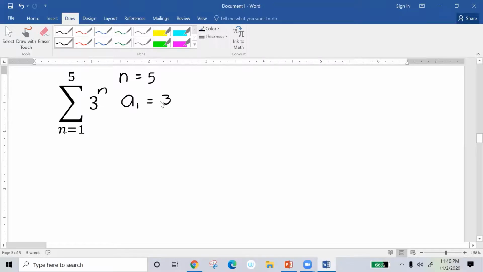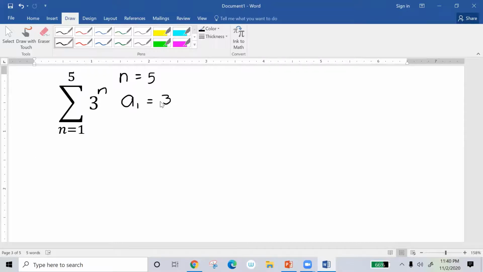Okay, how can we get the first term? Since our n or the lower limit is 1, just simplify 3 raised to n or 3 raised to 1. What is 3 raised to 1? That is our first term. N equals 1 refers to the first term. So 3 raised to 1 is 3. So that is the value of a sub 1.